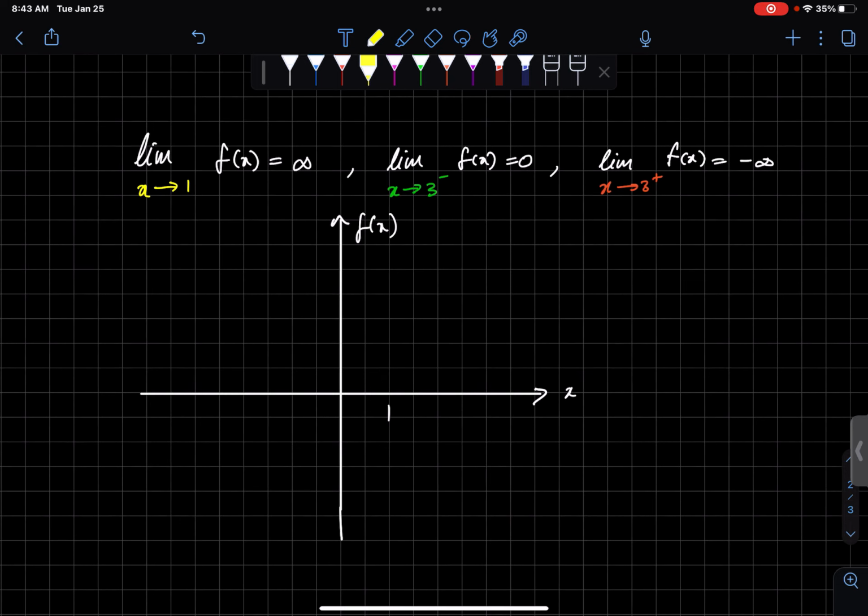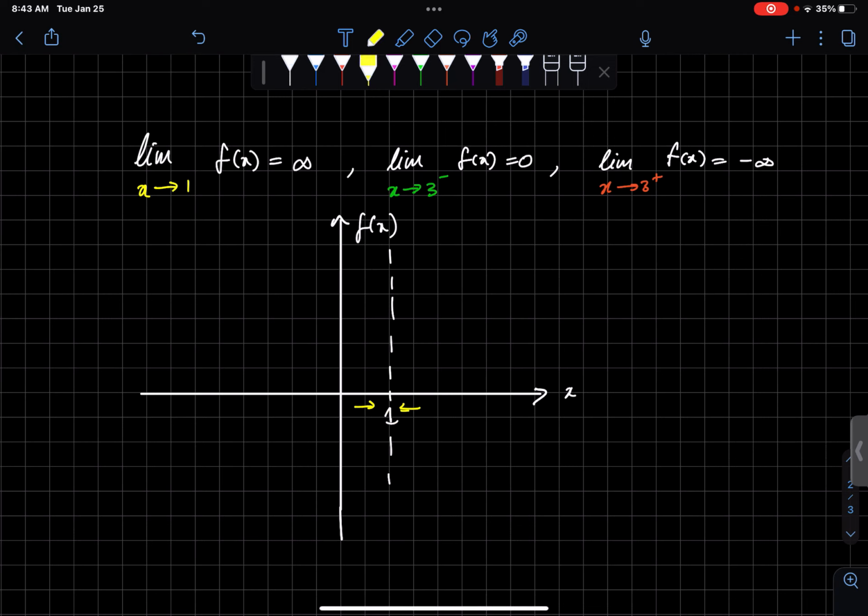We're interested in figuring out this function as we approach 1 from the left and from the right. It should have a limit of infinity. That means this function goes off to infinity from both sides. Let's make a little line like this, to make it more obvious.